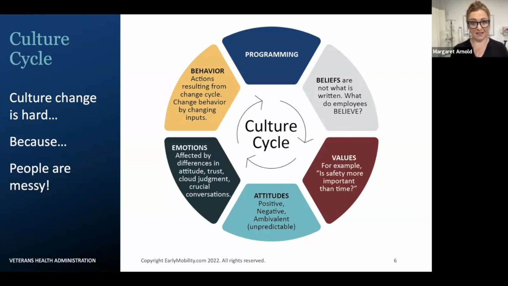All of those things not only are high cost for the patient, but they cost us time and care. But we have to start making those connections for people. So we have to change the inputs if we're going to change the output. The ultimate output is the behavior, which then creates the culture on our unit or in our facility.